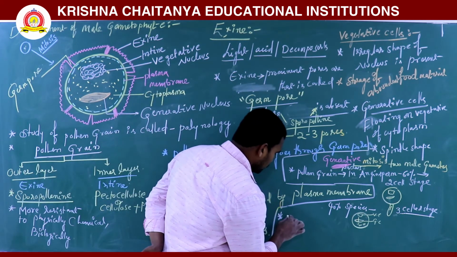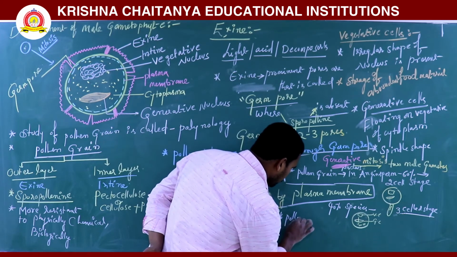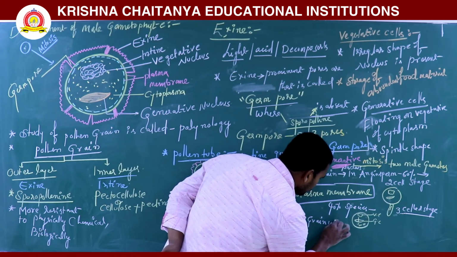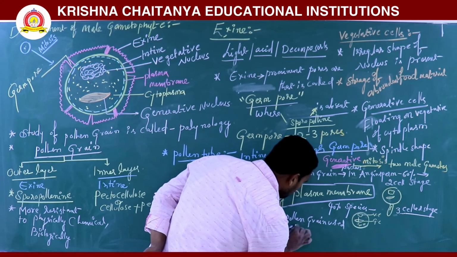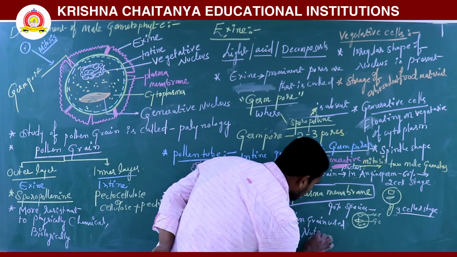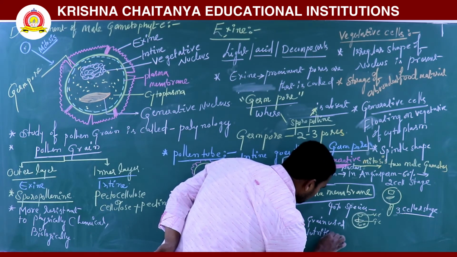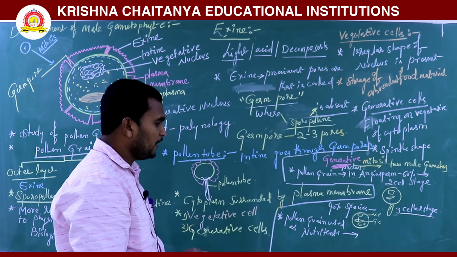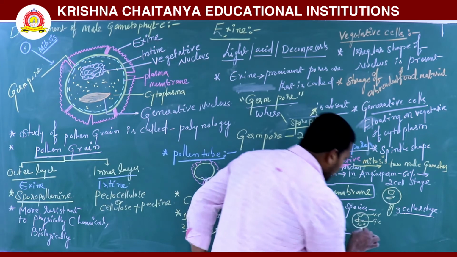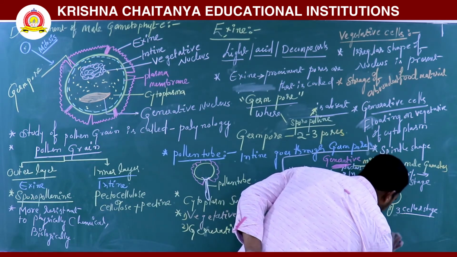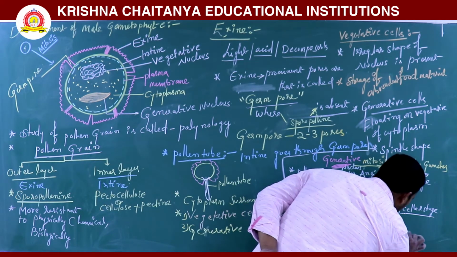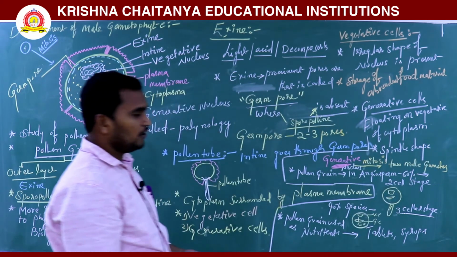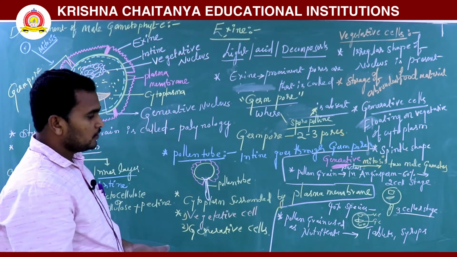Next, pollen grains are used as a nutrient supplement. They provide nutrition, for example in tablet form and also syrup form.